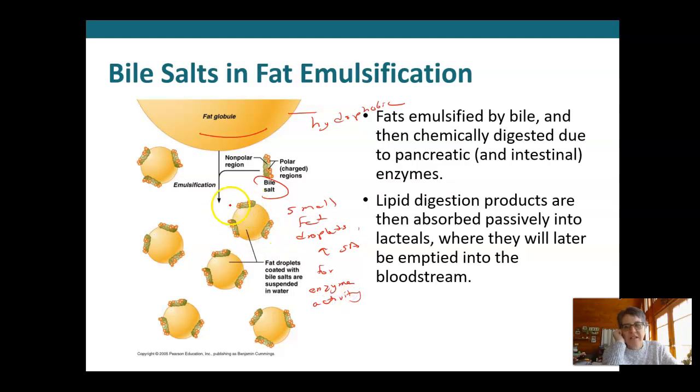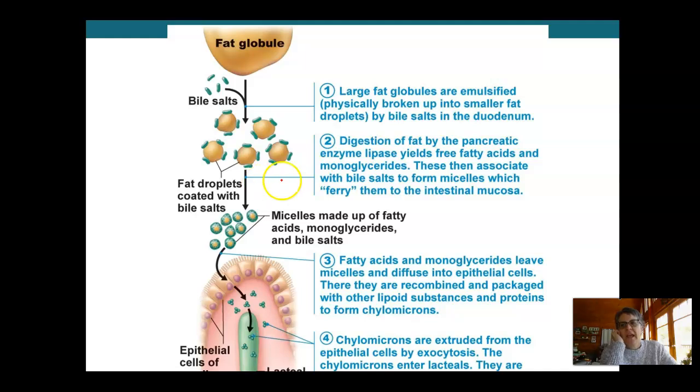So the bile salts break it down and they coat it to keep it in water. So when I am this bile salt, small fat droplet entity, what they're called are micelles.